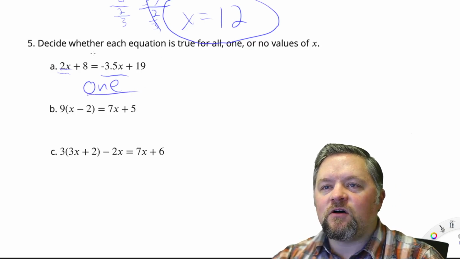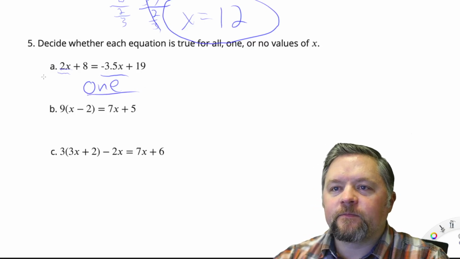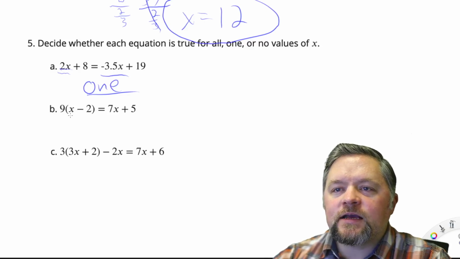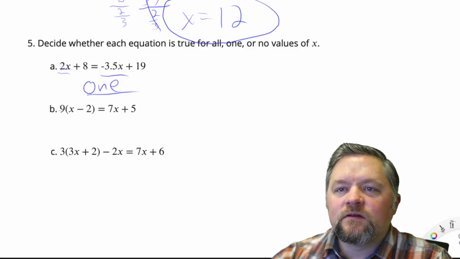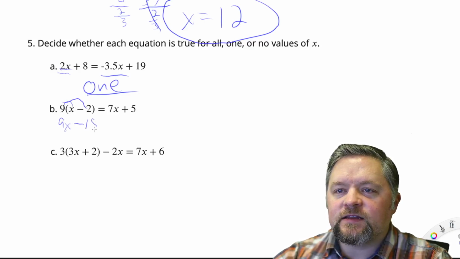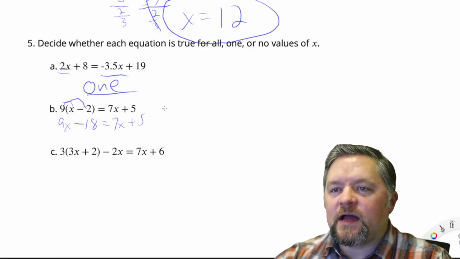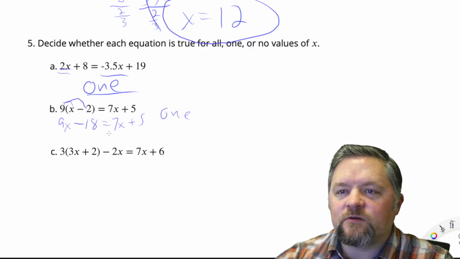You can solve that equation. Our next one, we have 9 times x is 9x. Subtract 9 times negative 2, negative 18, equals 7x plus 5. The number of x's on each side don't match again, so that is true for 1. Let's just solve it real quick.